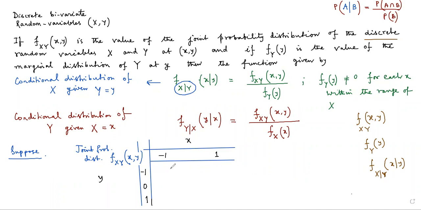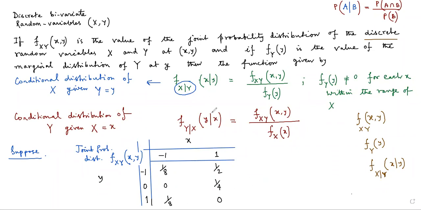Okay. Then suppose the probabilities are given in the following way. Suppose the first probability in this case is 1/8. This probability is half. This probability is 0. This is 1/4. This is 1/8. And this is 0.